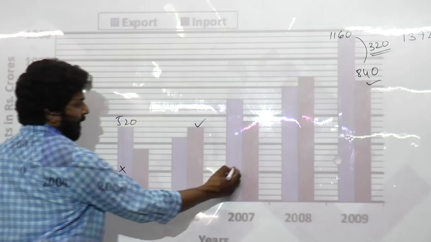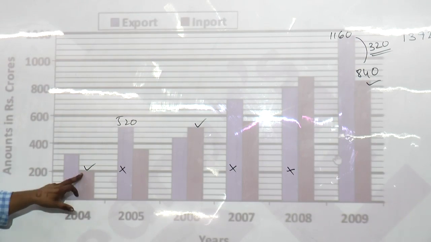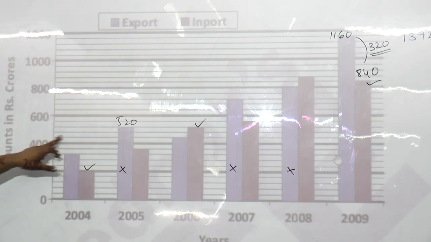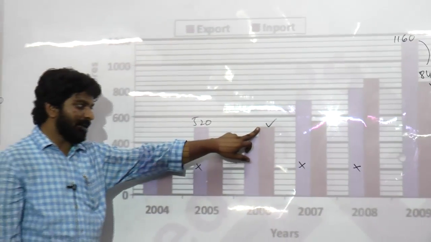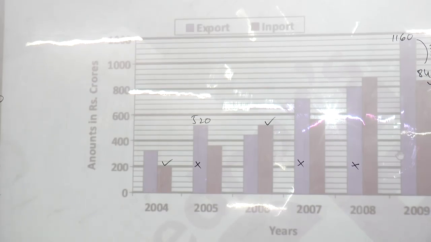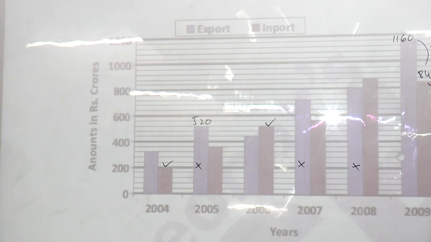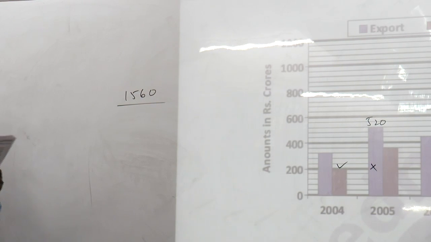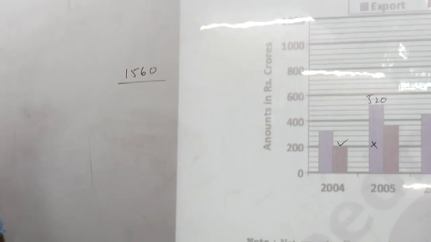Now this is 200, 200 and this is 520. 200 plus 520, 720. 720 and then 840. 720, 840, 1560. You're asked about ratio, so let's write it as A by B form. Numerator is 1560. Can be your answer? Yes, yes, no. Two options are there. Fine.